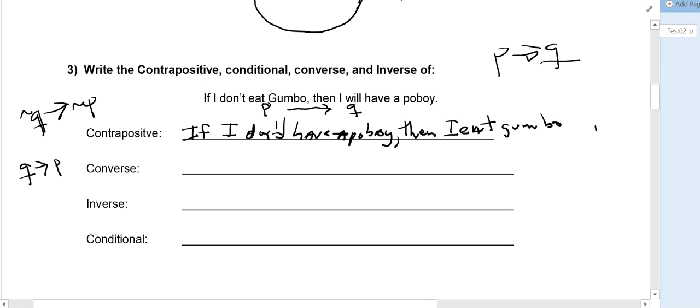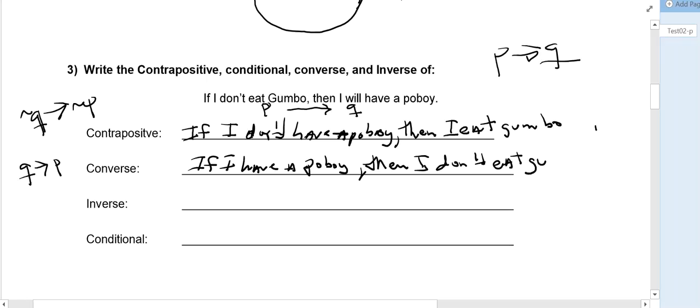If I have a po' boy, then I don't eat gumbo. Notice converse, I switched them around, but I didn't change anything.